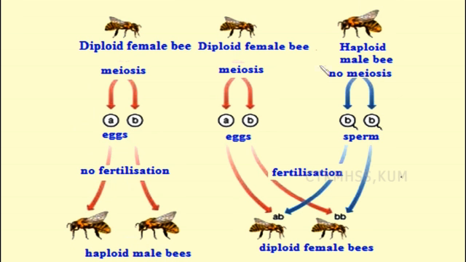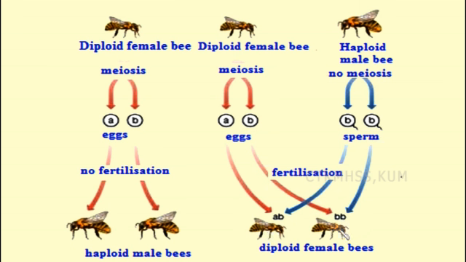Next, if you see a diploid female bee, again the same process, meiosis, A and B eggs. Here the haploid male bee has no meiosis because there is no need for reduction division, as it is already haploid. When the egg fuses with the sperm during fertilization, the diploid condition occurs, and they develop into female bees.